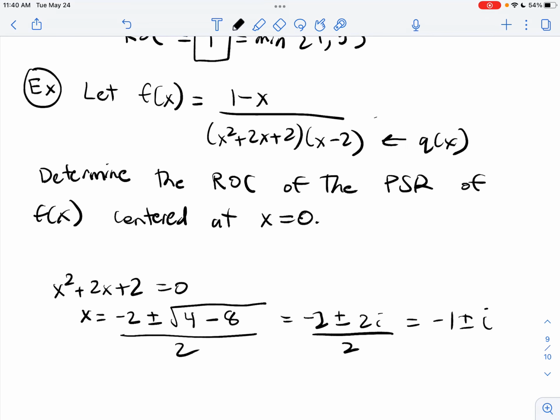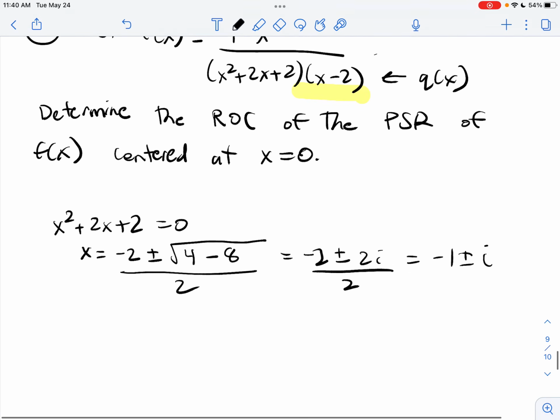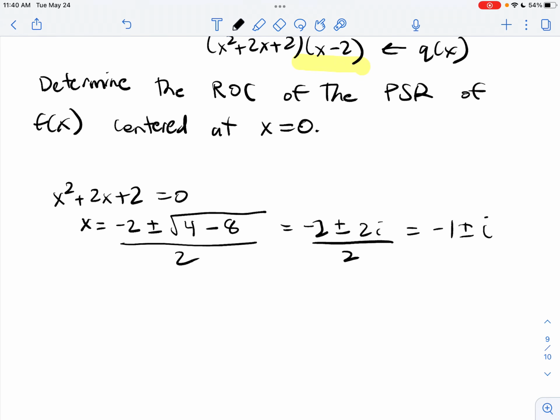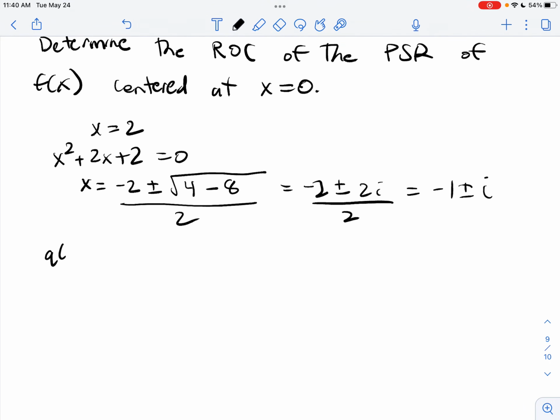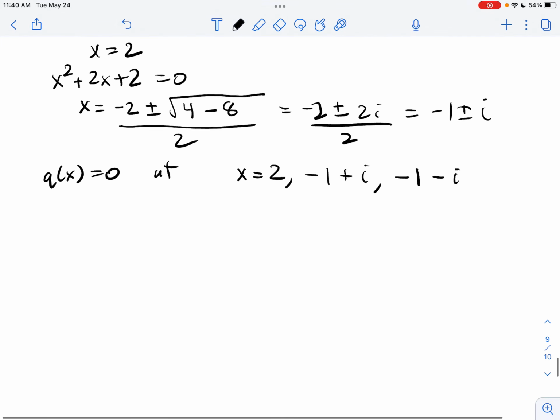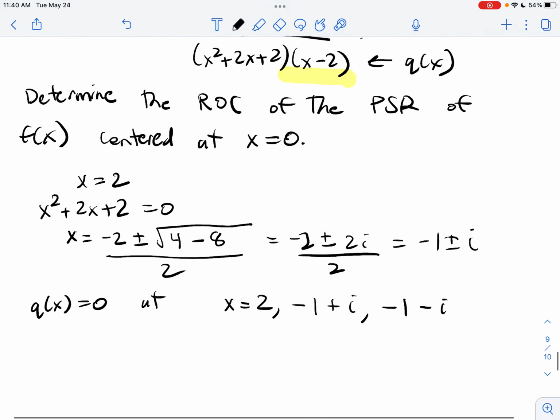And also, we have x equals 2 from the other factor here, right? From this guy. So we also have x equals 2. And so we have that q of x equals 0 at x equals 2 and negative 1 plus i and negative 1 minus i. So there are actually 3 different distances that we're going to have to check.